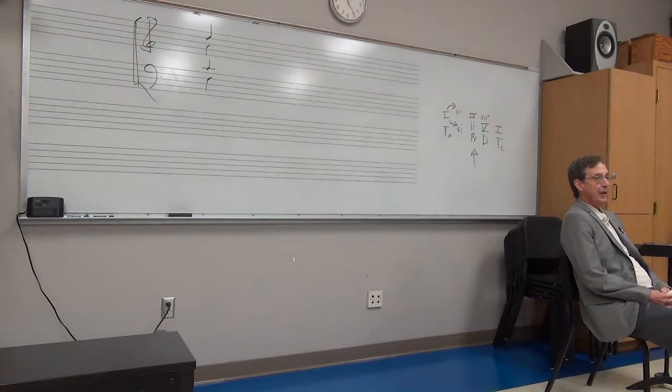Roots moving a 3rd or a 6th. Roots moving a 2nd or a 7th. That's all of the progressions that there are. And we have ways in which we deal with all of them. And they're very, very exciting ways. Very exciting.